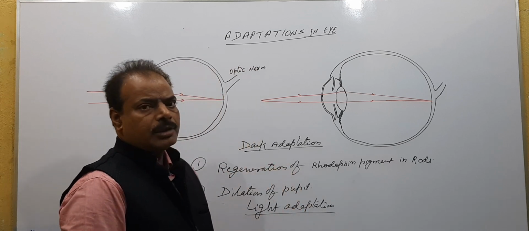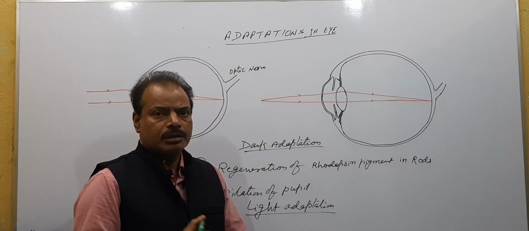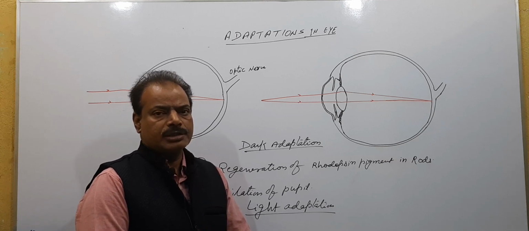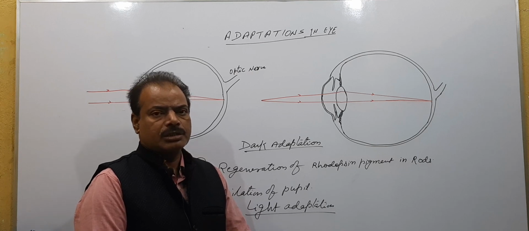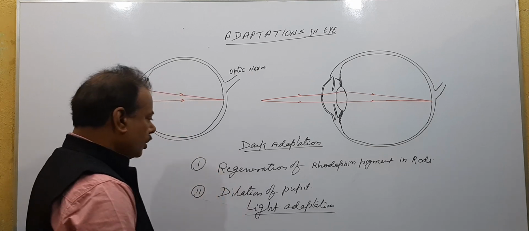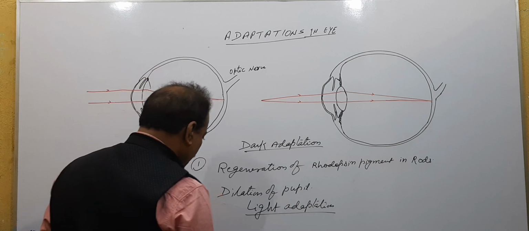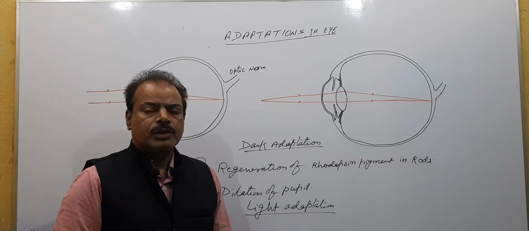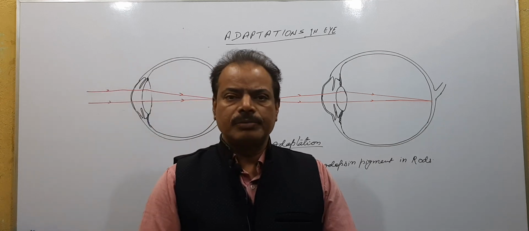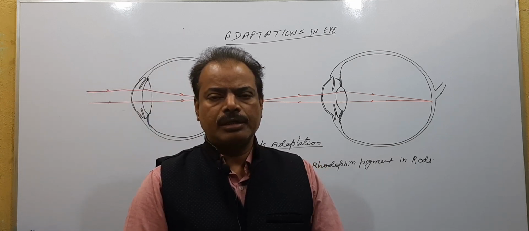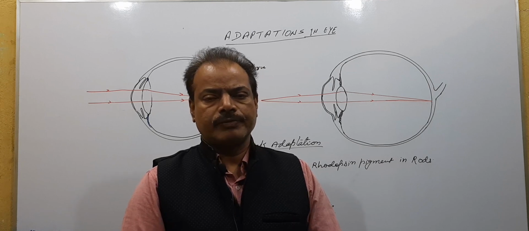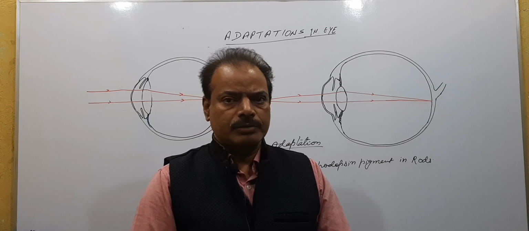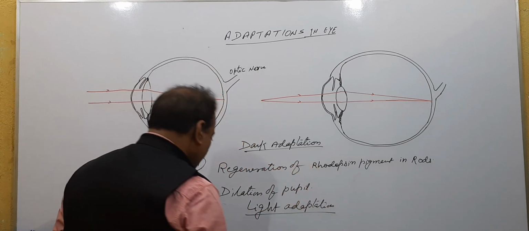But after some time we can see all the objects in the brightly lighted area. This adaptation is known as light adaptation. So during light adaptation, the rhodopsin gets bleached and iodopsin regenerates. And second is our pupil becomes narrow. So these are the two changes taking place here.